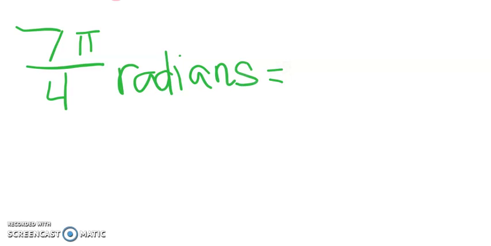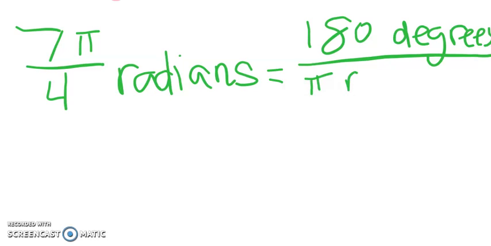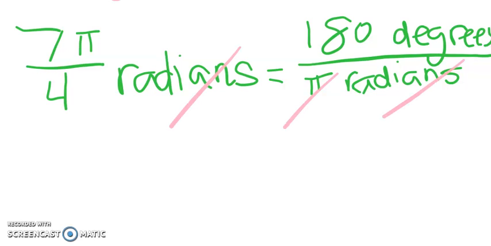Well, we need to use the equation 180 degrees over pi radians. So, what cancels out again? The radians will cancel out, and so will the pi. So we're left with 7 over 4 times 180 degrees.